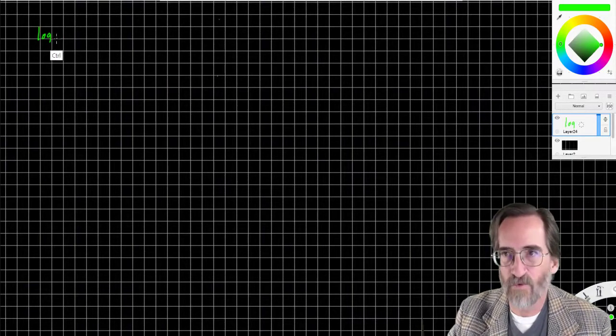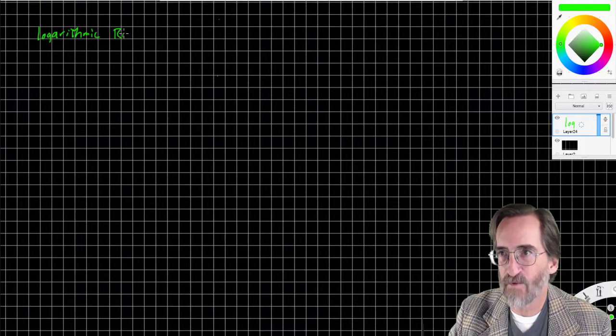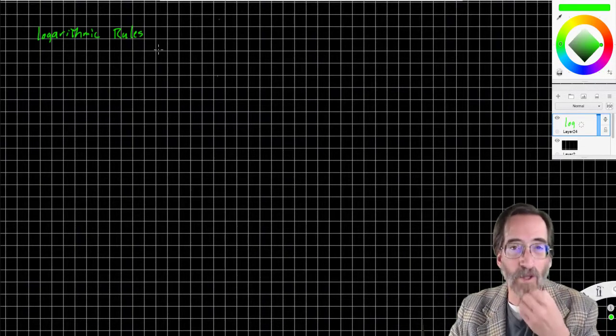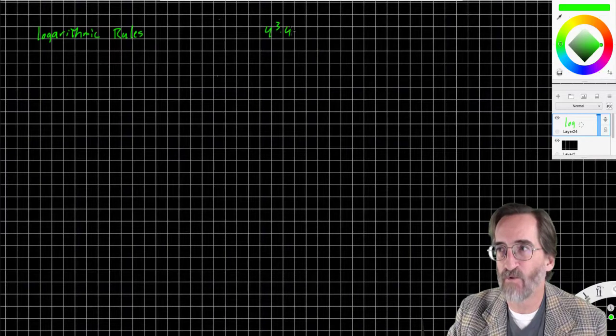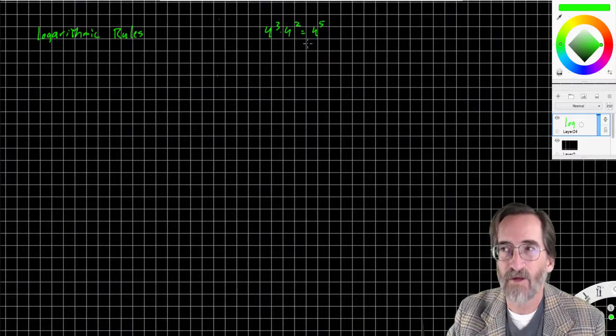So here are the rules that we need to know. And I'm not going to take the time to derive them, because to do so would take way more time than we have. But they're all related to the rules of exponents. You recall that if you have 4 to the third times 4 to the second, that's 4 to the 3 plus 2, or 4 to the fifth. So multiplication turns into addition.